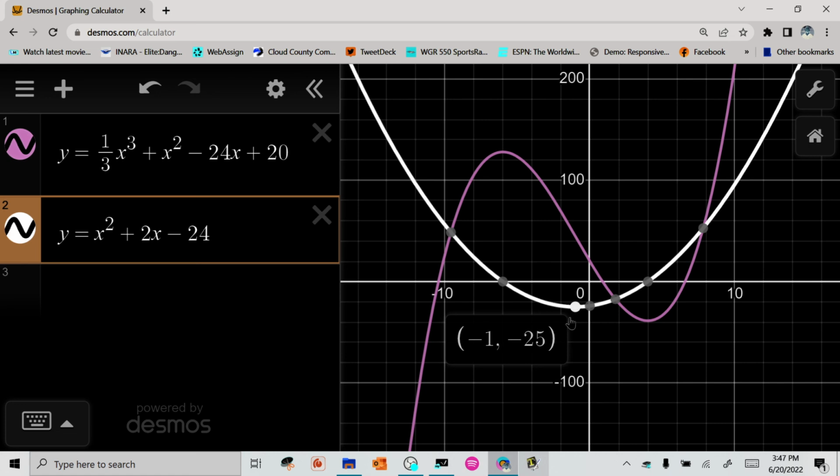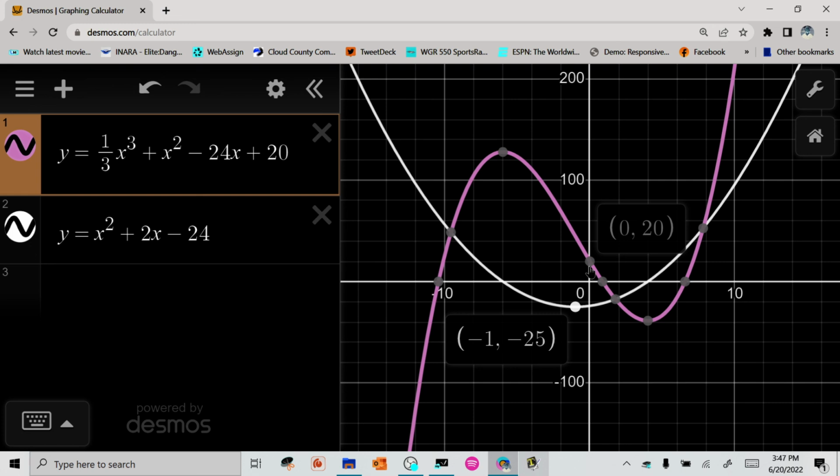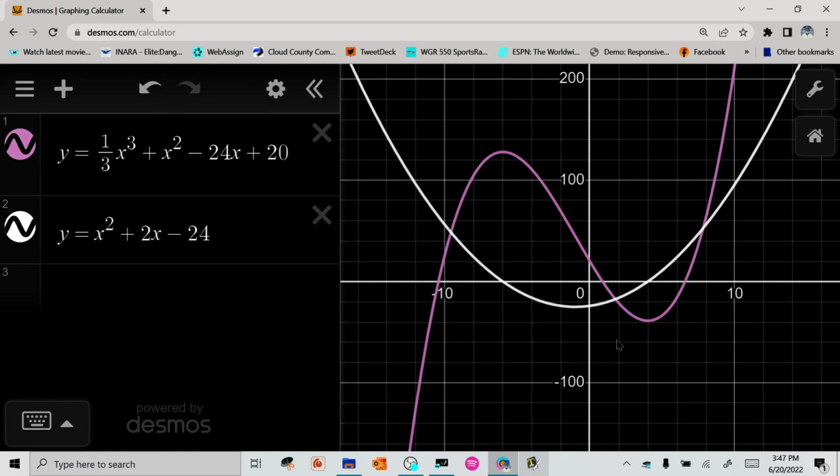What do you think that x value corresponds to on the original function? It's not going to show up here on Desmos, but it does correspond to something. I'm going to leave it there. I'll let you think about it, and we'll cover it in the next section.